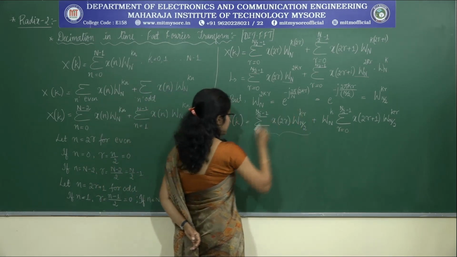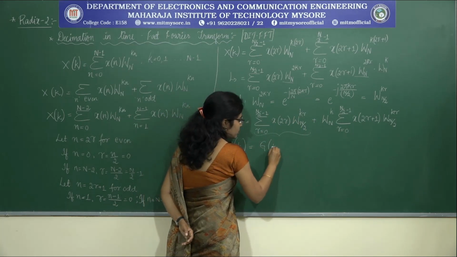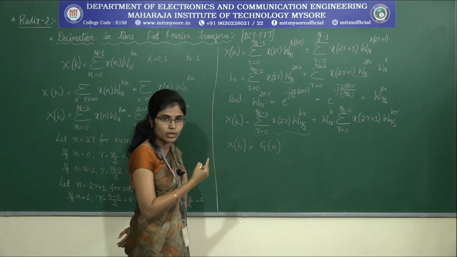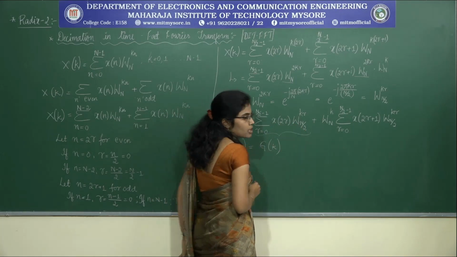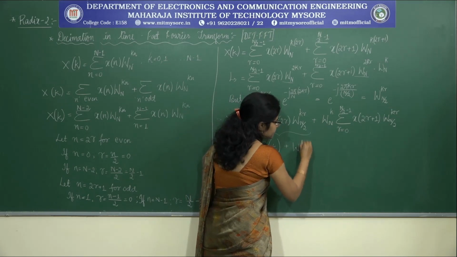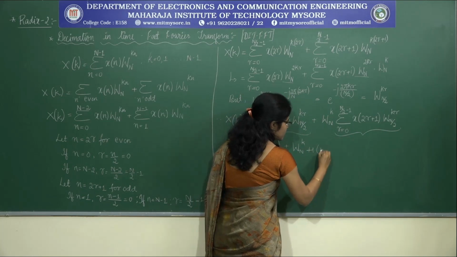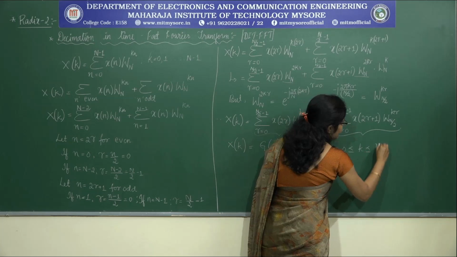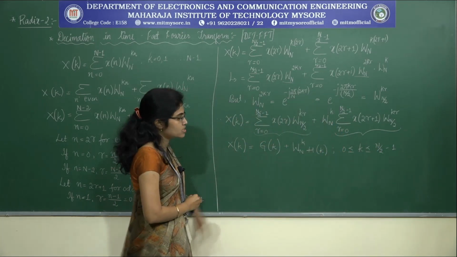So let us take this entire term as a variable which is equal to G of k, where G of k is nothing but equal to summation r ranges from 0 to N by 2 minus 1 x of 2r into omega N by 2 to the power of kr plus, let us rewrite this as it is, and let this entire term be replaced with H of k, where the range of k is from 0 to N by 2 minus 1. Okay. So this is done.